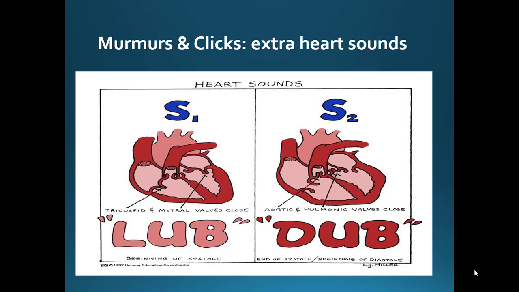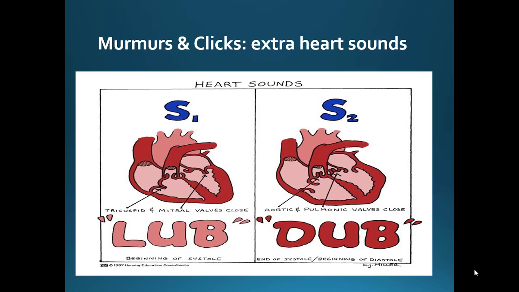The semilunar valves open and close together, and the AV valves open and close together, creating the normal lub-dub sounds that we hear. When one valve is diseased or slower to close, an extra sound can be auscultated. This sound is referred to as an S3 or an S4 click.